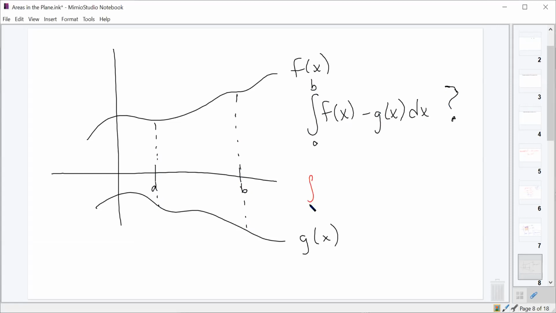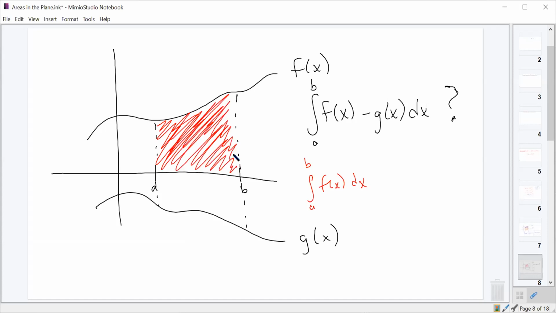Well, what's the integral from a to b of f of x? That's everything below f of x and above the x-axis, right? True? So that gives me part of it. What is this area?